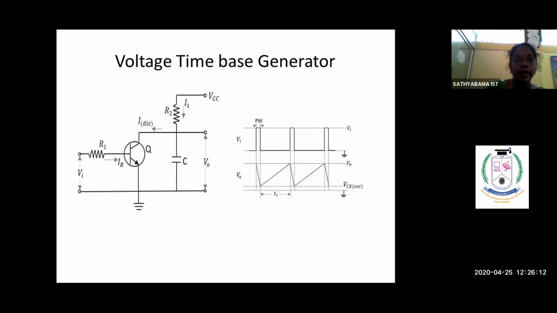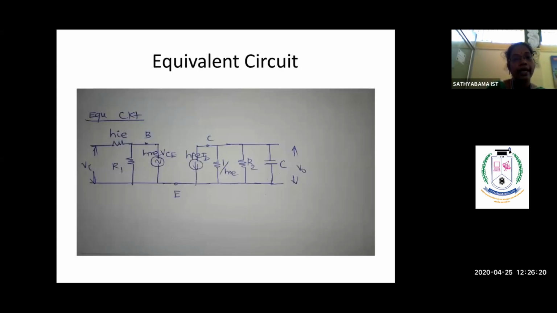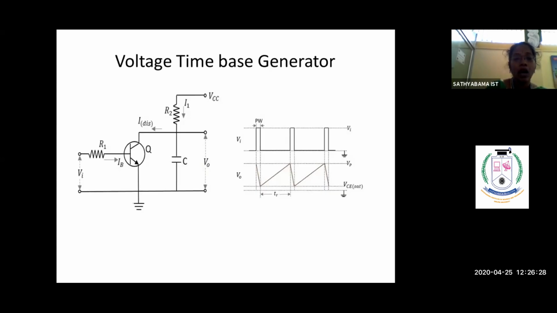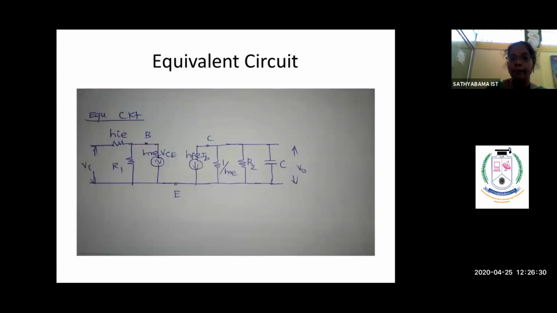Here I have drawn the equivalent circuit of the voltage time-base generator. The input is connected with the resistor R1, so I have connected HIE along with R1, and then the HRE hybrid model. In the output section we have R and C components, placed in parallel with the Norton's equivalent HFE-IB and 1 by HOE.